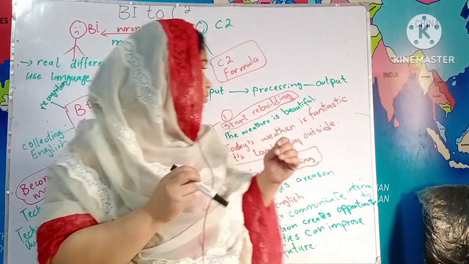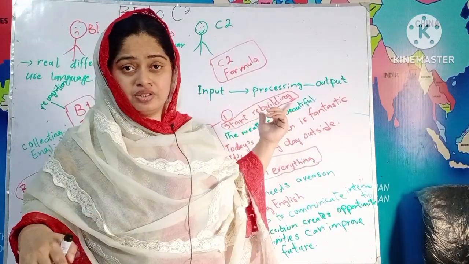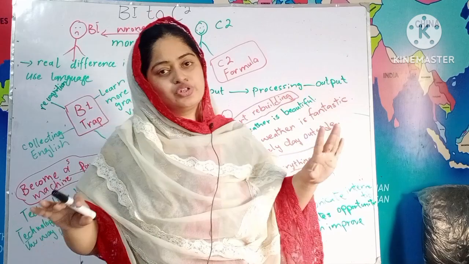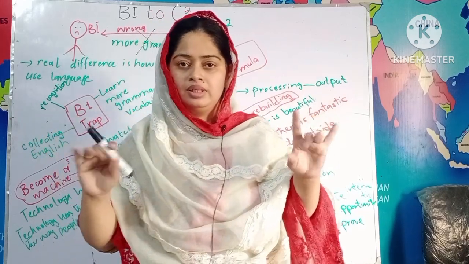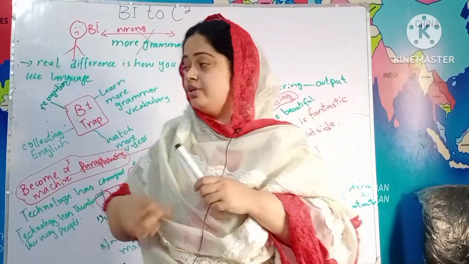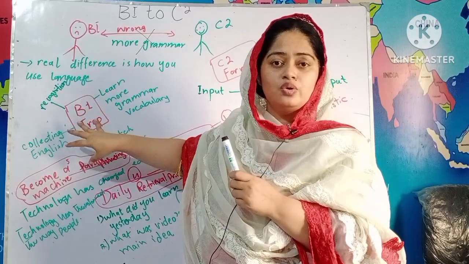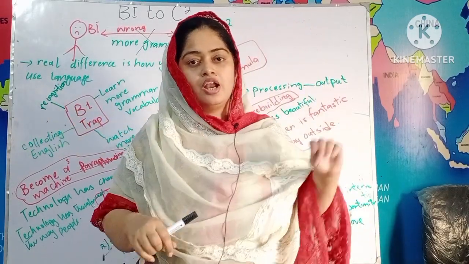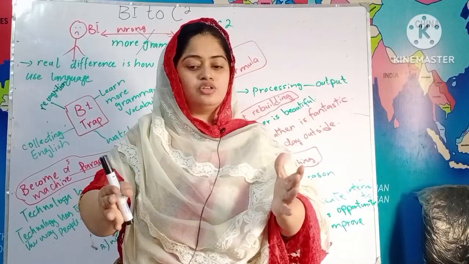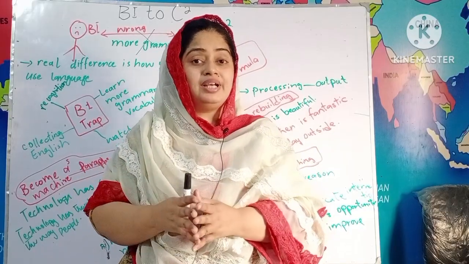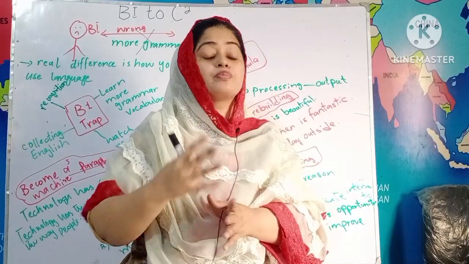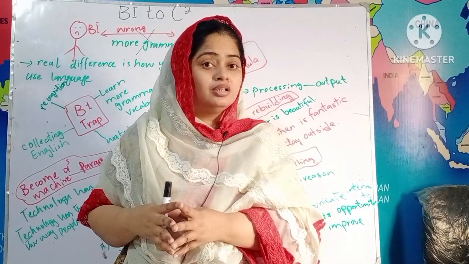So the number 1 rule which you have to master: input, processing and output. Main rule. Input means you are learning, you are watching, you are observing, you are collecting English language. Processing means you are in a conversation, you are in a meeting, someone asks you a question, you need to explain, you need to persuade, you need to convince the listener.